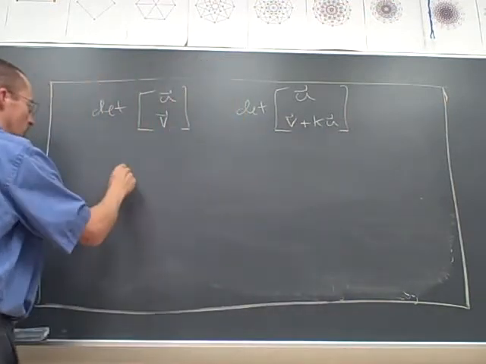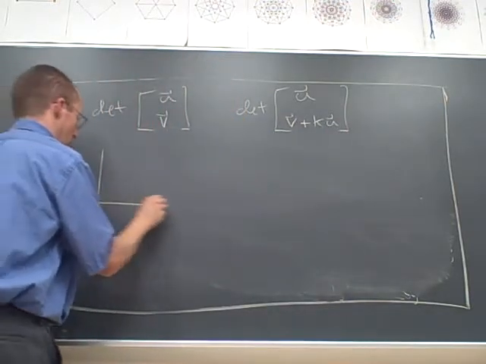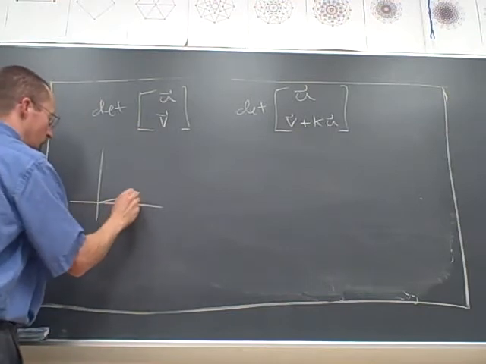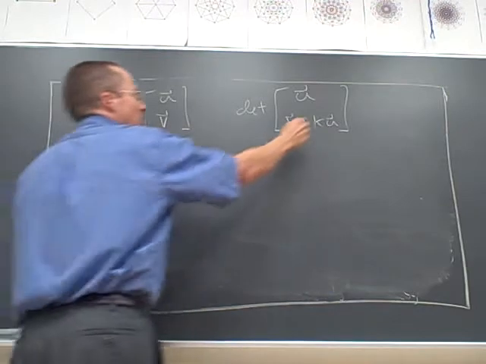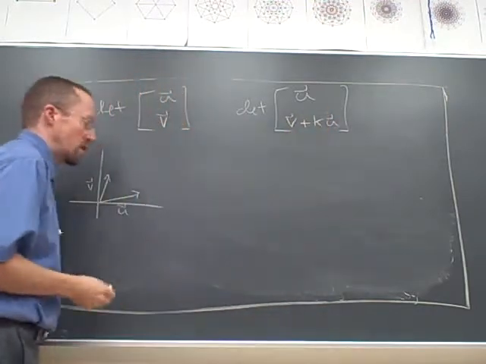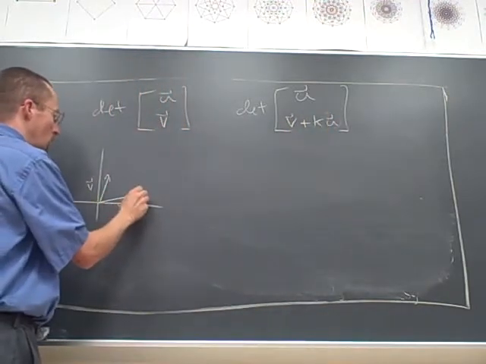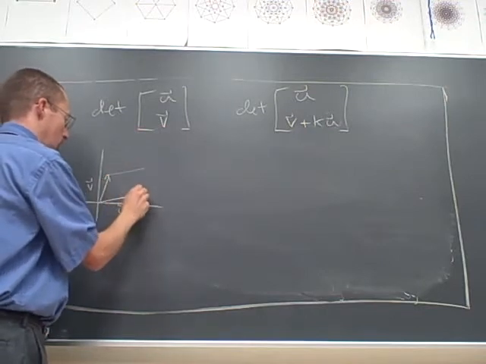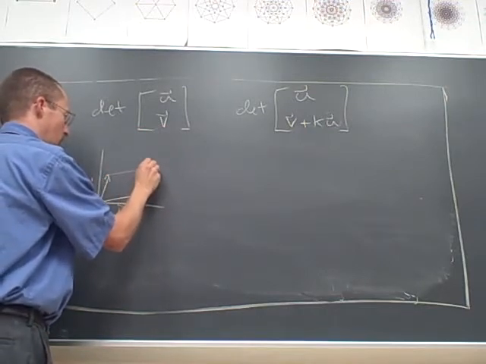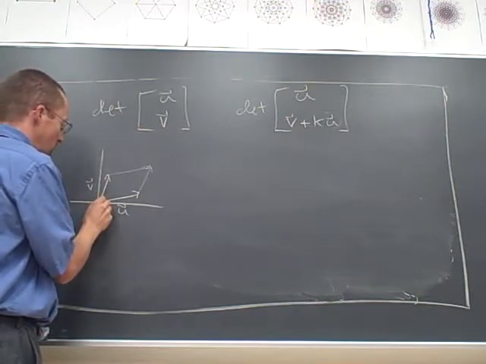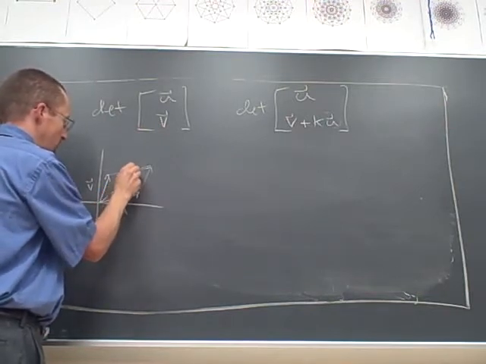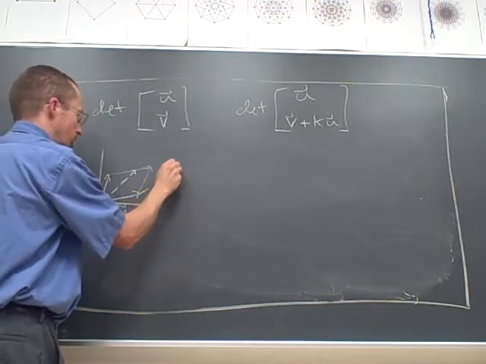Here's u, here's v. And this is very special what I'm doing here: I'm sliding v parallel to u. Instead of having this parallelogram, I slide v, but not in any random direction. I slide it parallel to u.